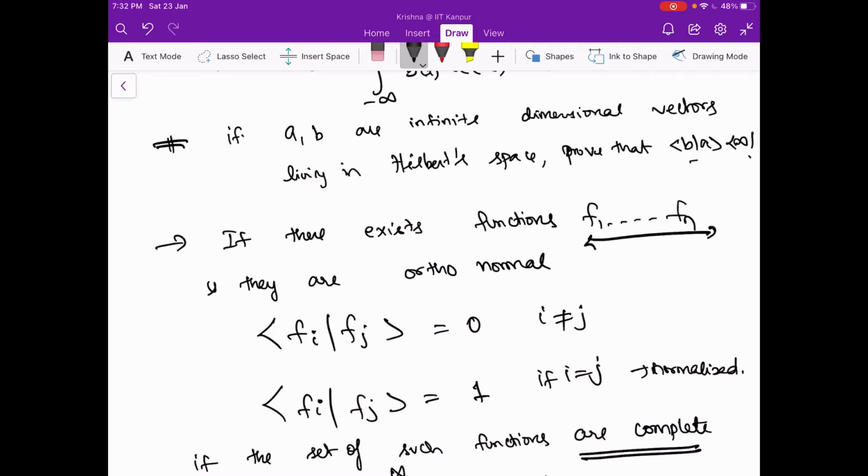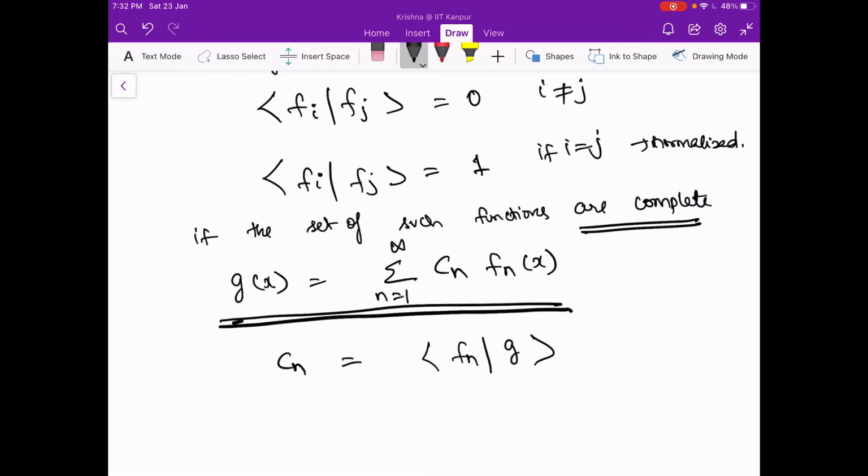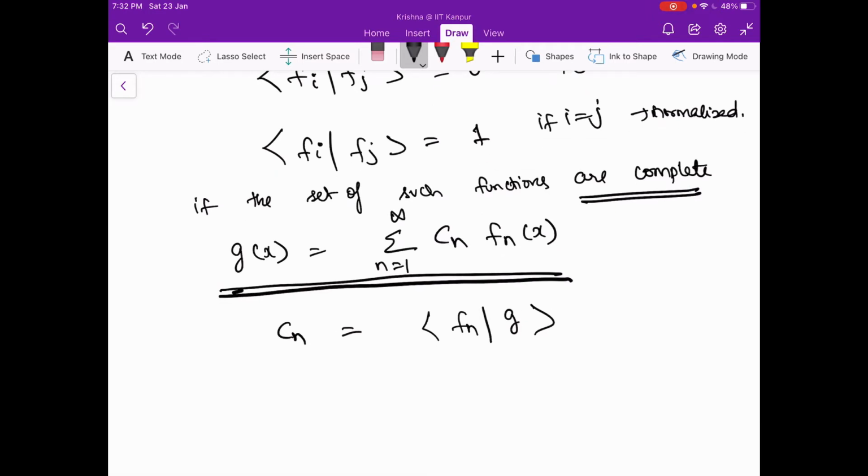That means you have an infinite number of linearly independent functions, and hence this summation should again be an infinite summation, right? When we work with infinite summations, it's really hard for us to come up with a solution. So we use what is called the Dirac approximation.